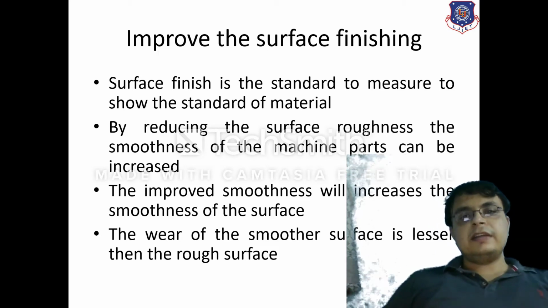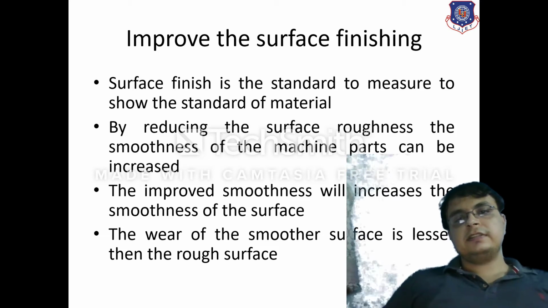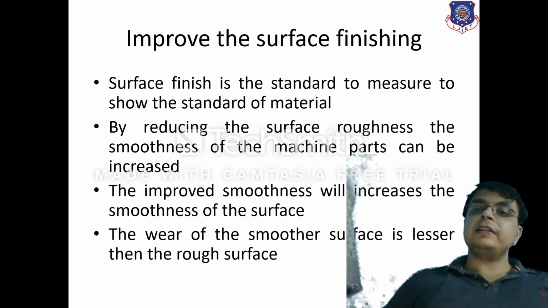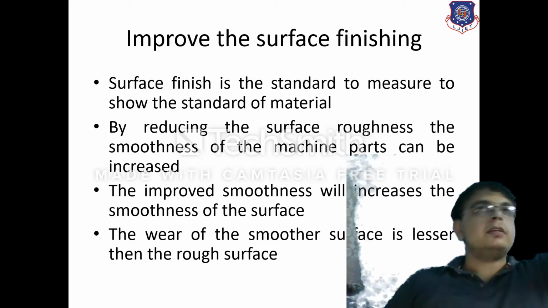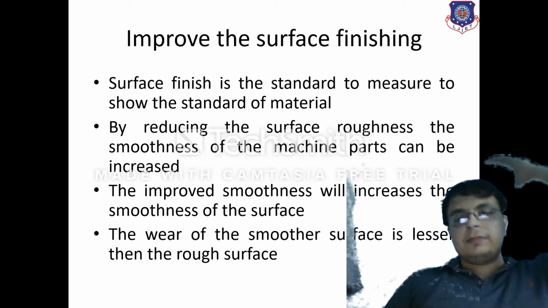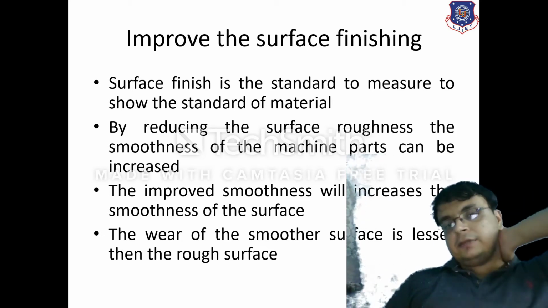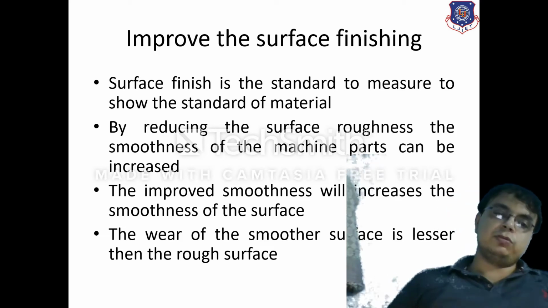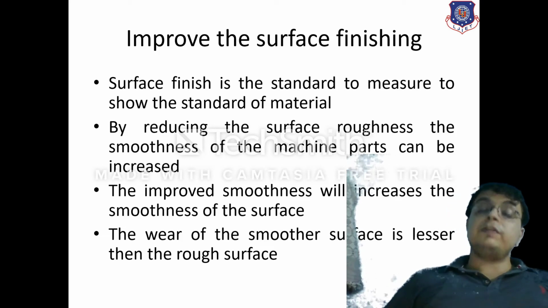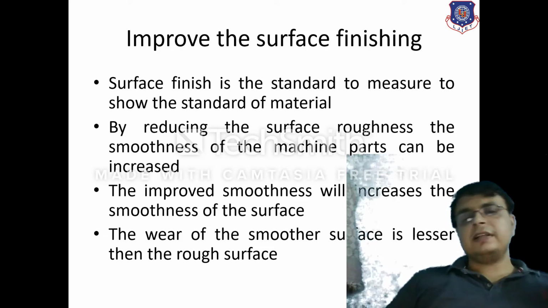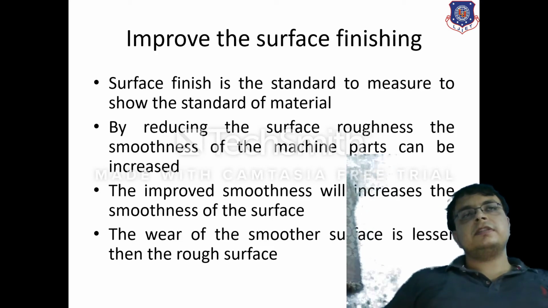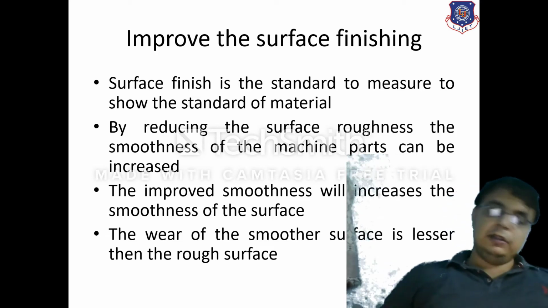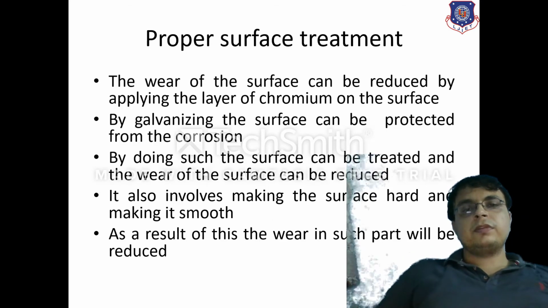By reducing the surface roughness, the smoothness of the machine will be increased, and the smoother the surface, the more easily the machine will work. So the wear on a smooth surface is much lesser, and as a result the design life of the machine will be increased.